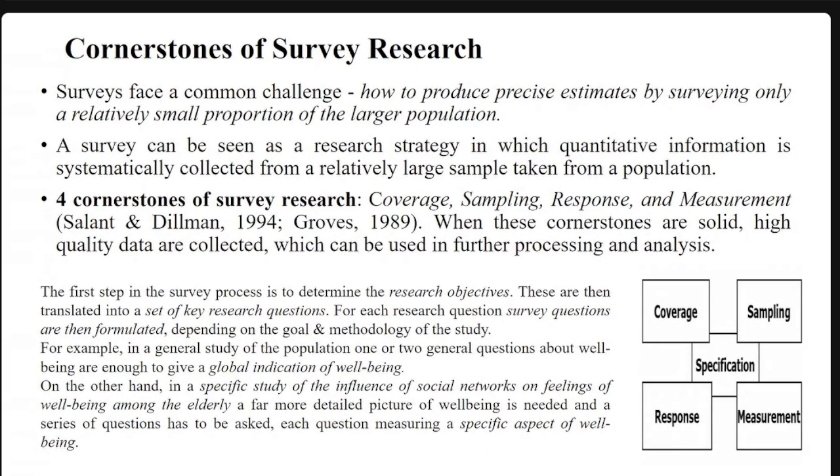Similarly, when you are entering the data, one is recording the data from the field, another is entering the data for analysis. In between there can be a lot of lapses, and that may create some measurement error. So you can think of coverage, sampling, response, and measurement. These are the four cornerstones of survey research.